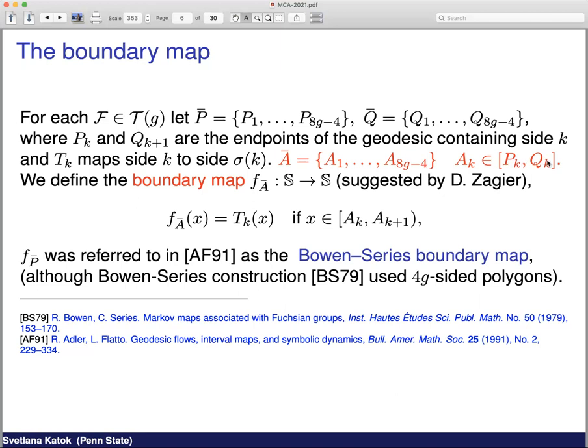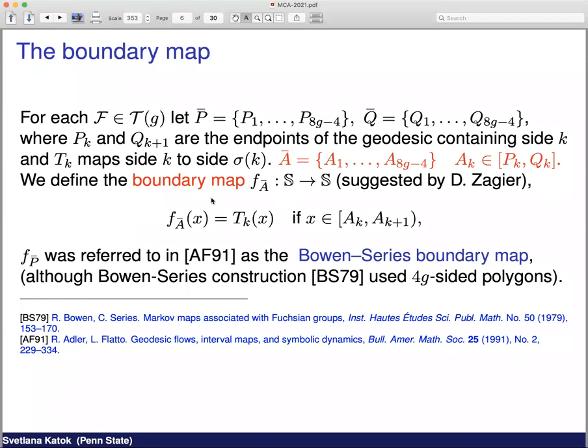He wanted to basically take them arbitrary, just to see that the number is right. Well, this is still a conjecture, but we studied this situation when A_k is between P_k and Q_k.